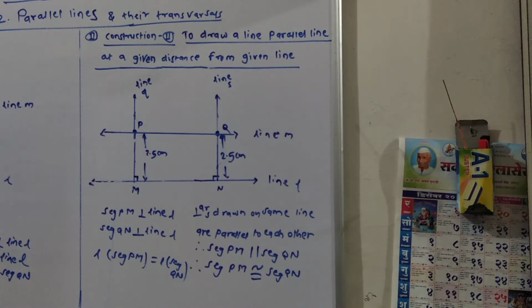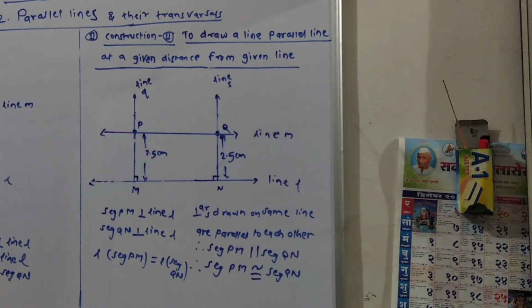So we first draw line L, then take 2 points A and B on the line, then draw the perpendiculars from points A and B, then take 2 points P and Q on the perpendiculars at a distance of 2.5 centimeter from points A and B. Then we join the points P and Q with each other.